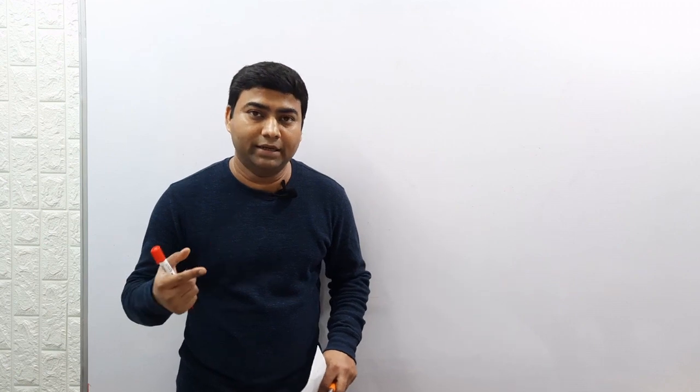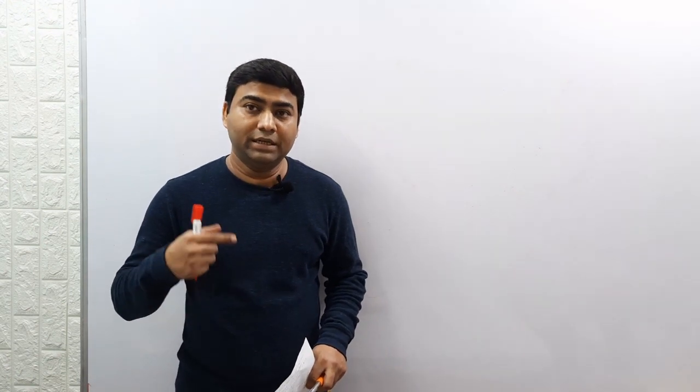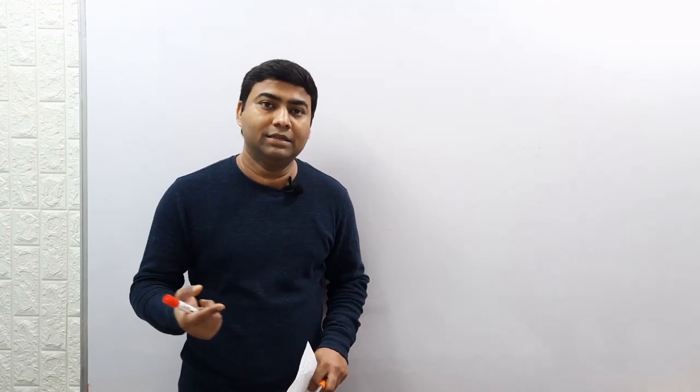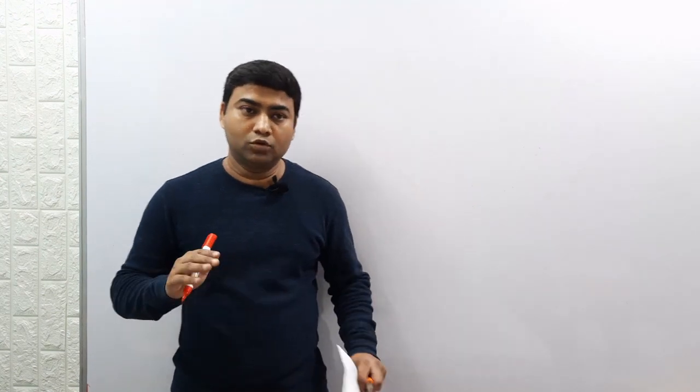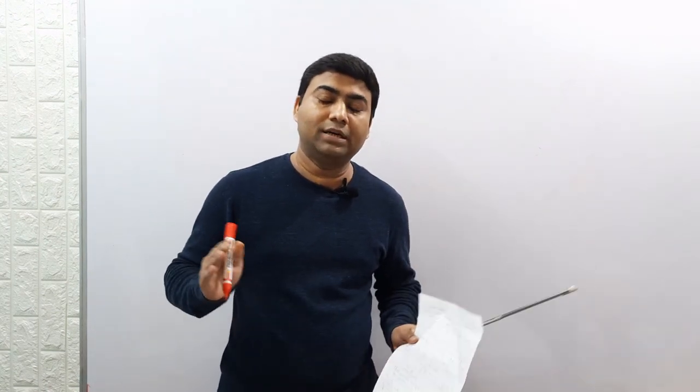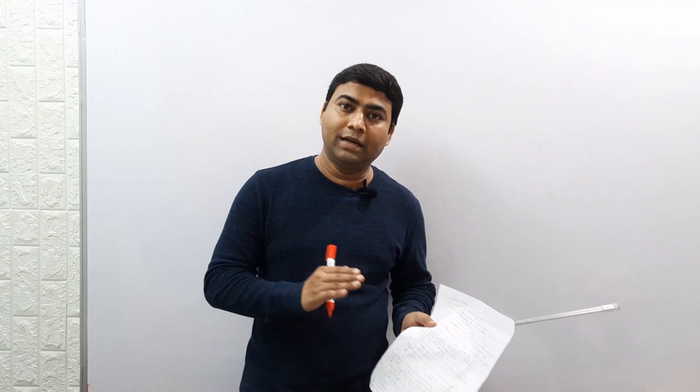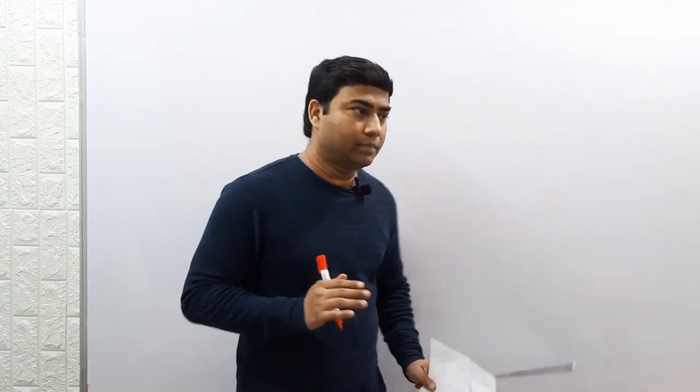So the resultant of those two vectors means the single physical effect of that resultant vector in all aspects will be similar to the joint, combined effect of those two vectors which are being added, and their addition is the resultant vector. So the physical effect must be the same for the resultant and its components.